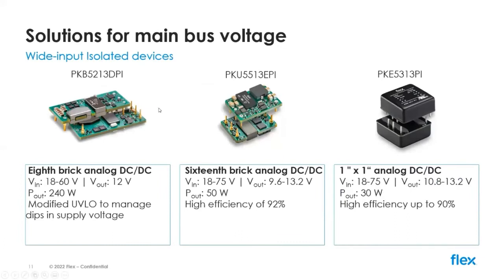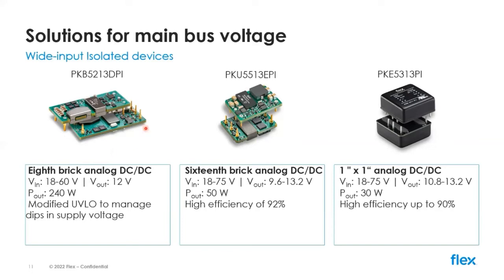Talking about that, let's take a look at some of the solutions for the bus voltages. The first one on the screen here is an eighth brick device. This is a new platform which we'll touch on again later when we look at the case study. It is an 18 to 60 volt input version of a PKBD, which is one of the very popular families in our product range. It outputs 12 volts at 240 watts.